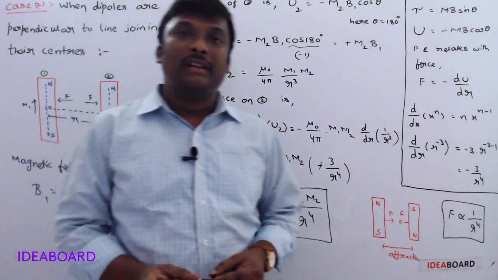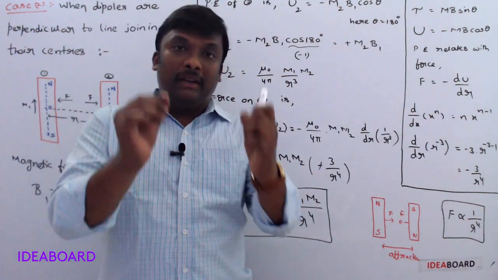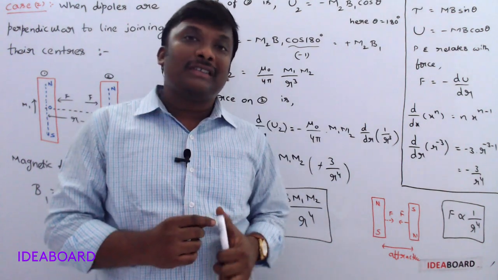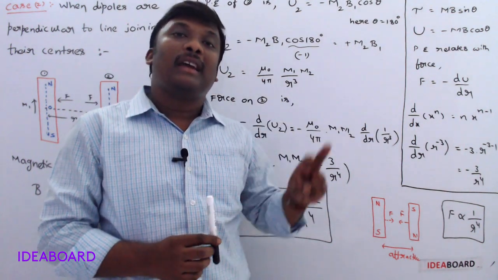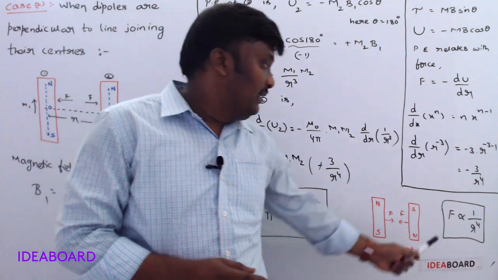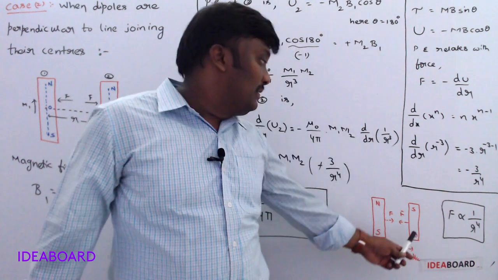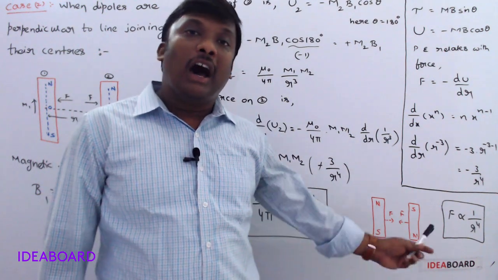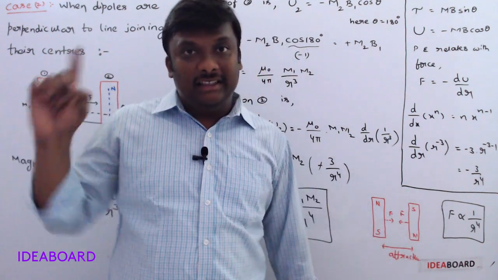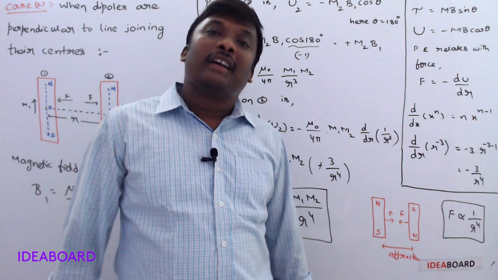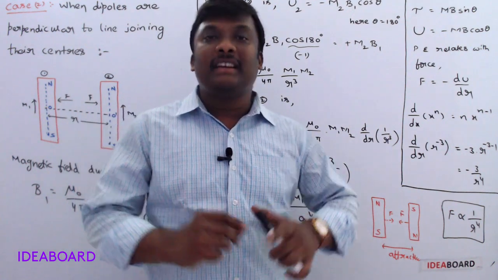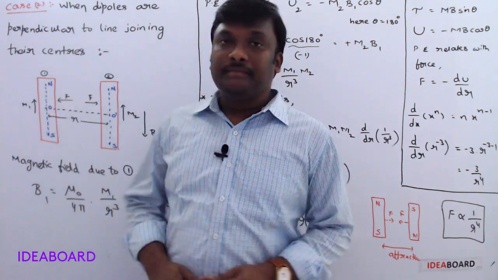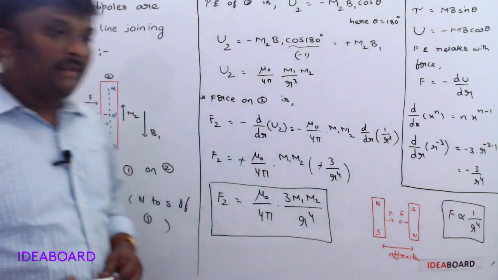This is important. In Coulomb's law, the force between two poles is related to 1 by r square. Here, for two magnets, the force is proportional to 1 by r power 4, whereas there it is 1 by r square. That is the major difference between those forces. Understand? Note it down.